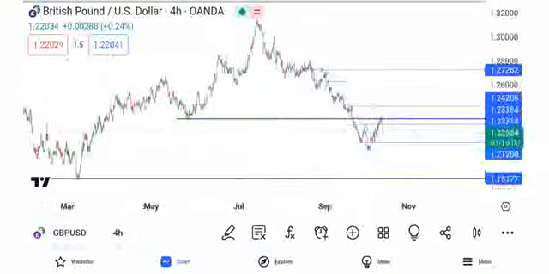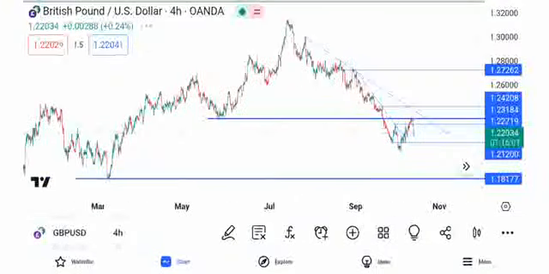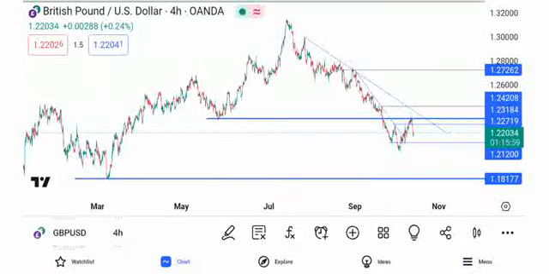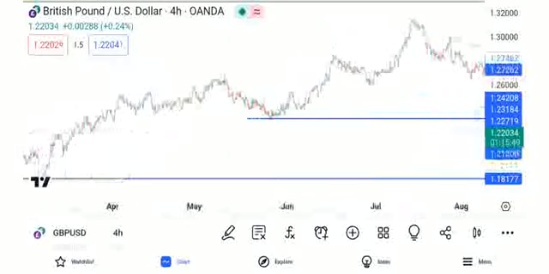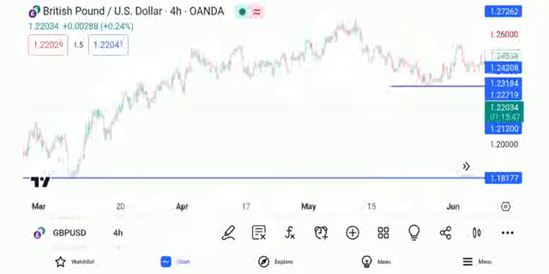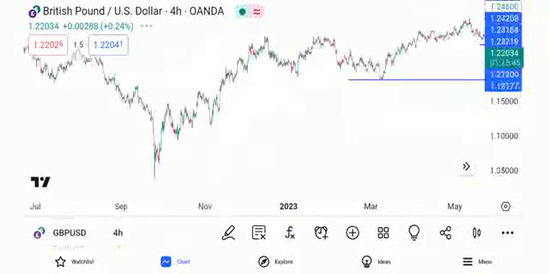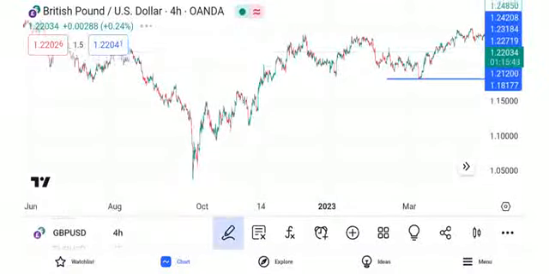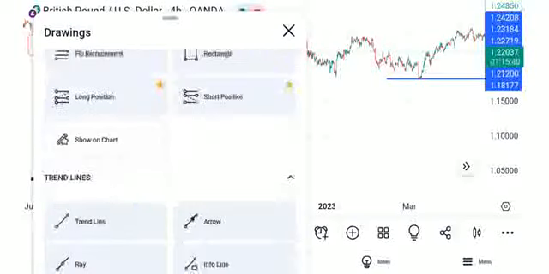As we all know, when the market is trading higher, going up, it has to make higher highs and higher lows. What are the higher highs and higher lows? Check this out.